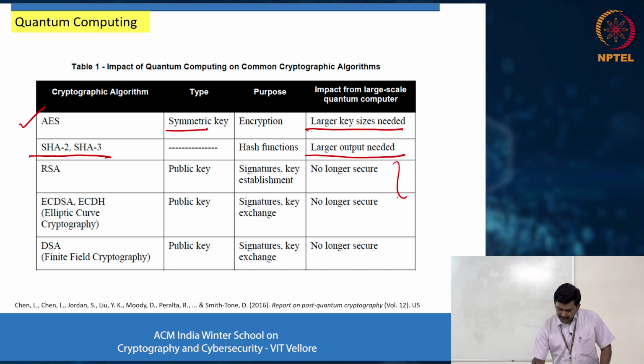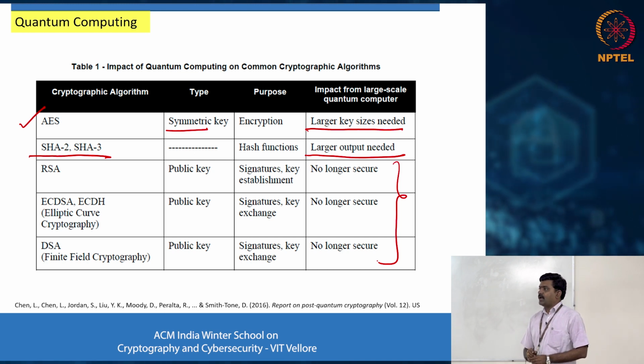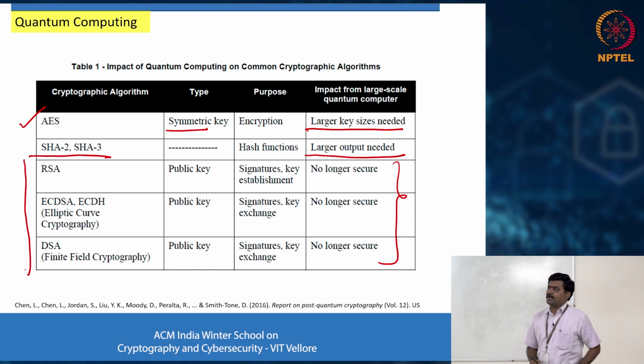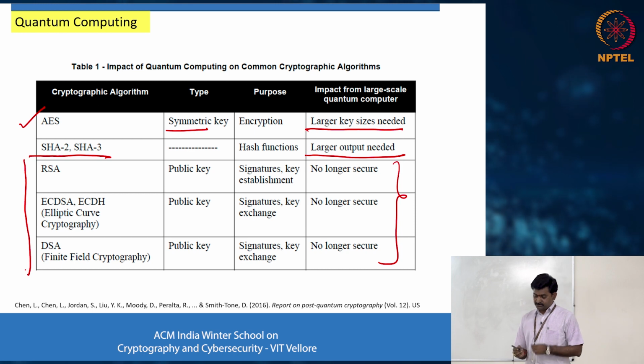But in the case of public key cryptography algorithms, they would be no longer secure because of the quantum computer being able to solve what are the problems? What are the problems that these particular algorithms are based on?